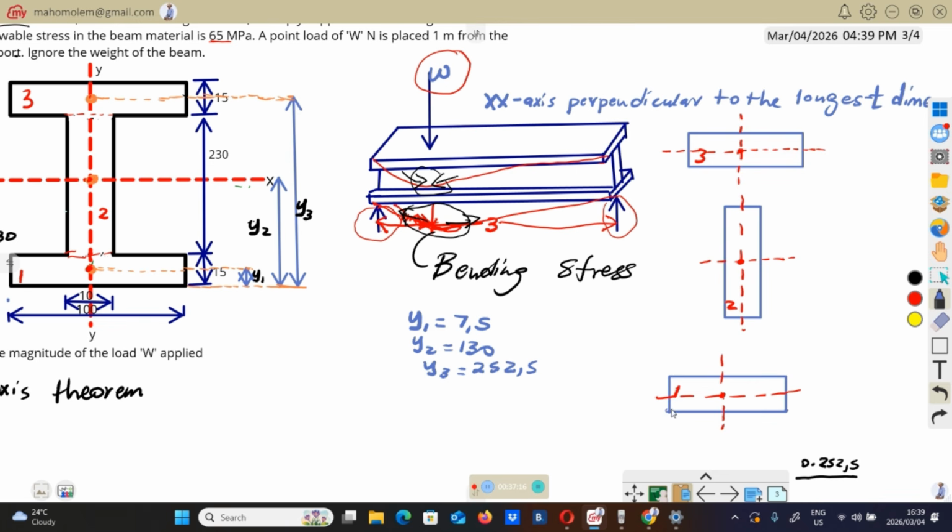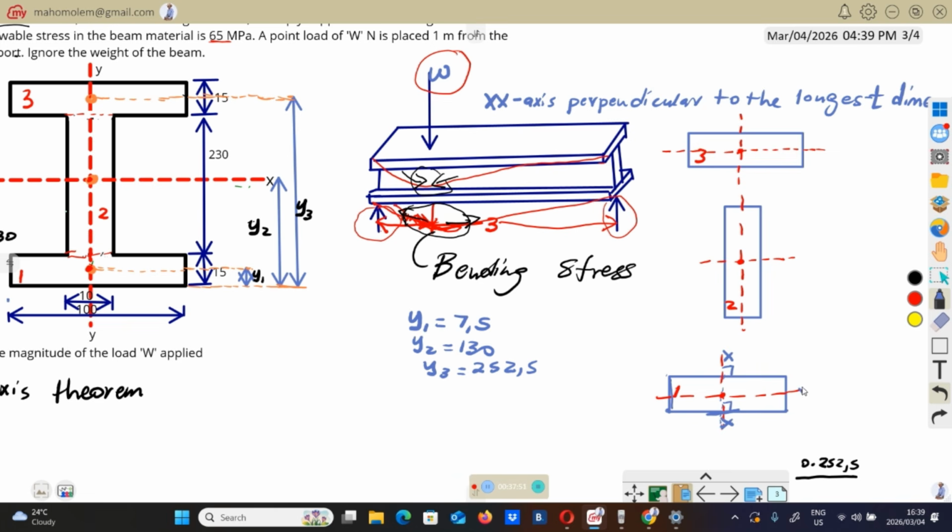It's 100. From here to there is 10. So you can see between these sides, the long one is going to be this one. So perpendicular to the longest dimension is this red line. So this perpendicular line, we are going to call it XX.